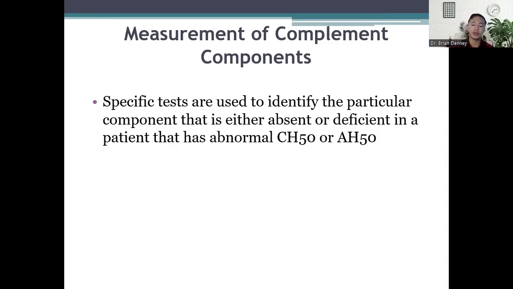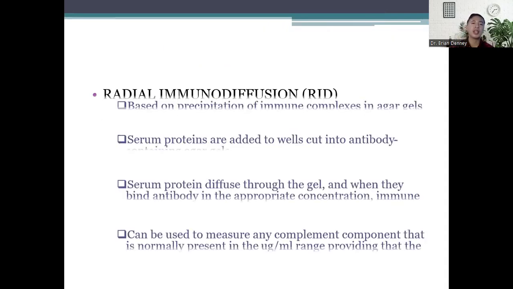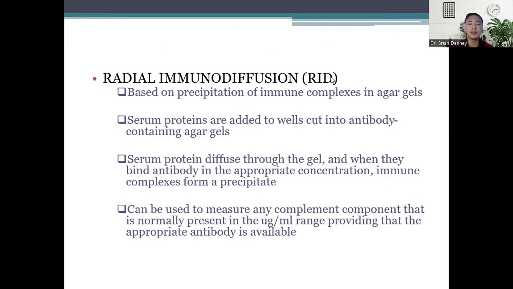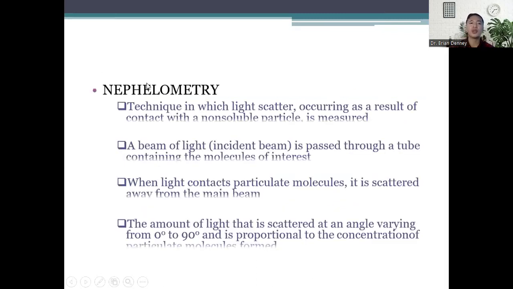Other books mention 2, other books mention 3, but you have to use my notes or my PowerPoint as your reference for the examination. So we can use RID. I will not discuss this in detail because you will have a separate lecture for this. What you need to remember are the names of the methods. So we have RID, and then we also have nephelometry.